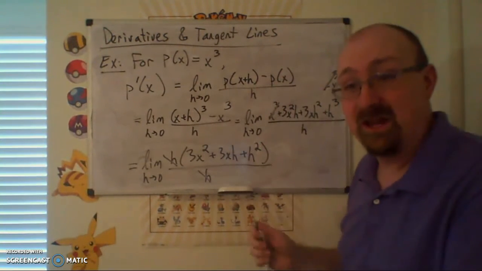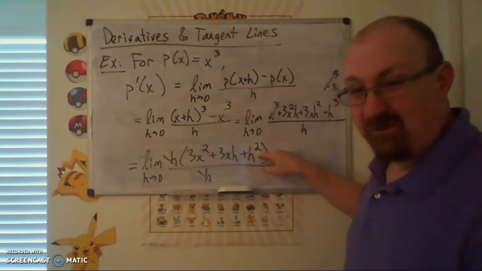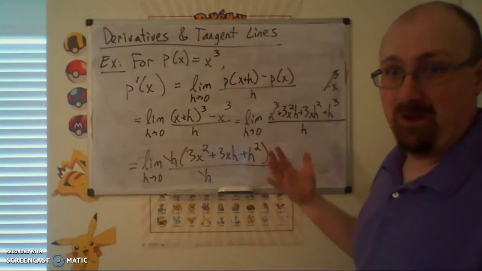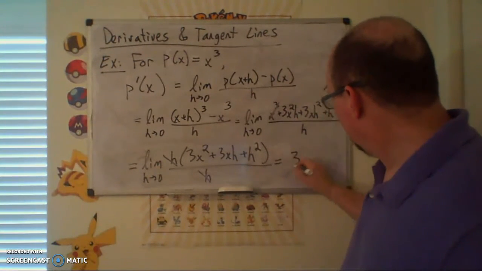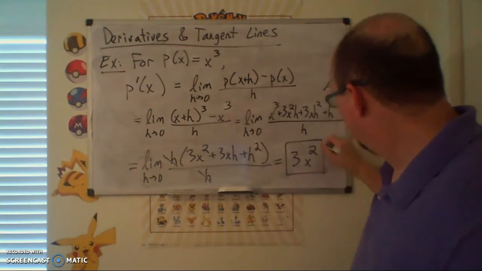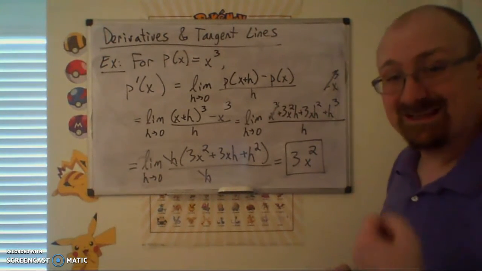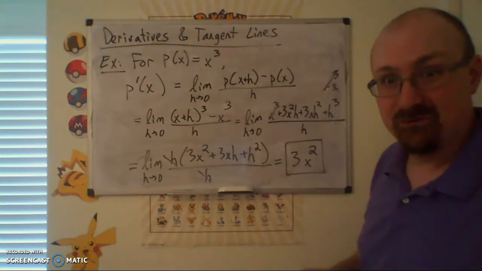Yes, I did factor an h away from it. My bad. But still, if you're plugging 0 into this thing, 0 squared is still nothing. It goes poof, just like the last one. So the formula for our derivative in this instance is simply 3x squared. The other terms go away when we do the direct substitution of h equals 0.